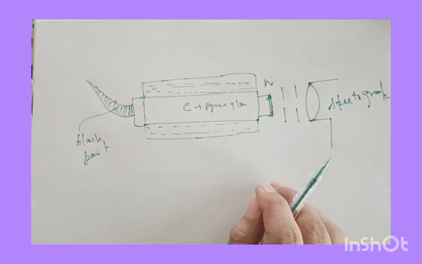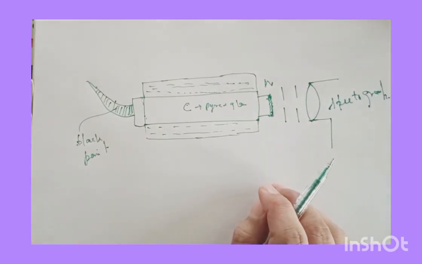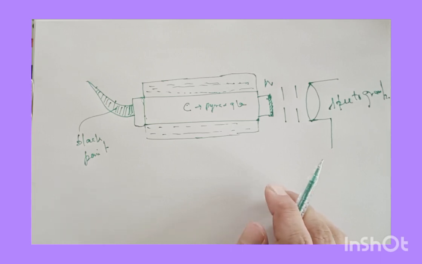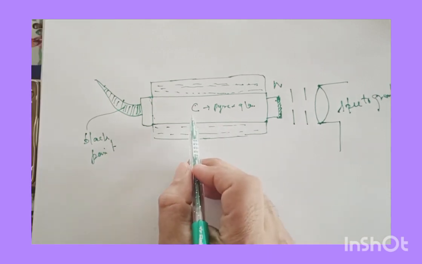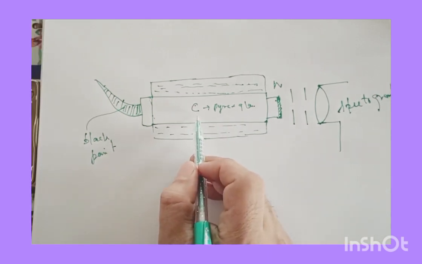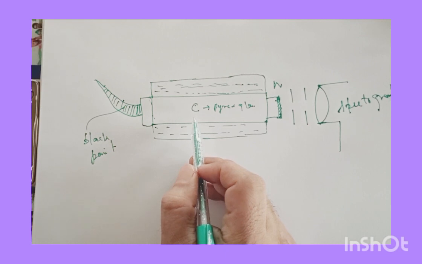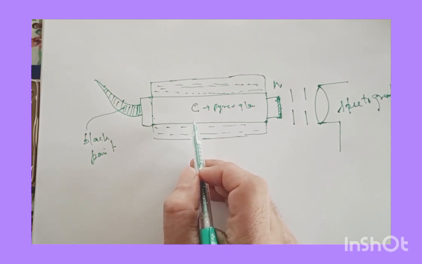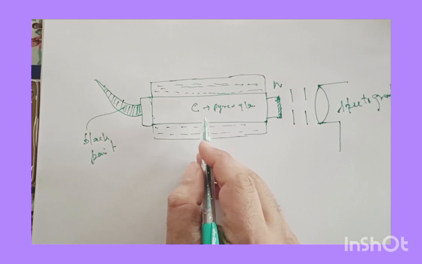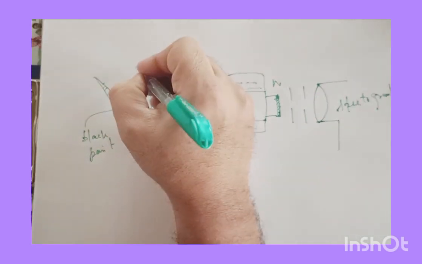Another important thing is that this tube C is enclosed by a chemical, sodium nitrate.